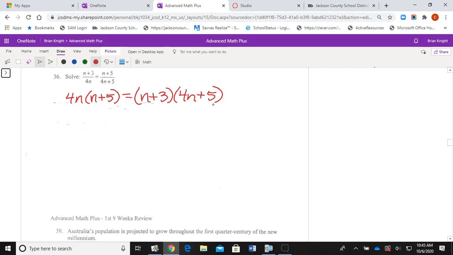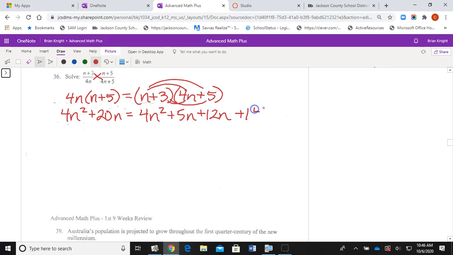Everybody with me to there? I literally just cross multiply like back in the good old days. Distribute here, that'll be 4n squared plus 20n equals 4n squared plus 5n plus 12n plus 15.